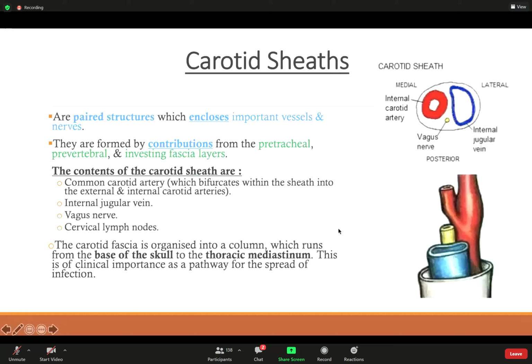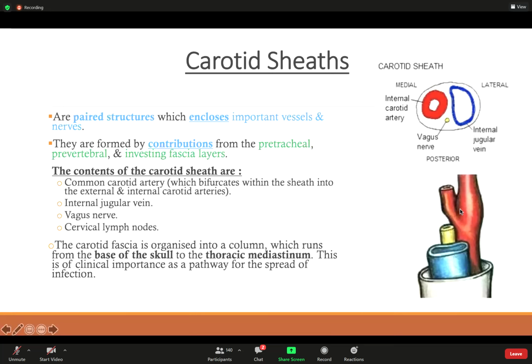Okay, how about the carotid sheath? This is one of the important sheaths, and it is very important because it houses very important vessels and nerves. It is also formed by contributions from the pretracheal, the prevertebral and the investing layers. So this sheath has part of the pretracheal and part of the prevertebral, because there is a contribution from both of them.